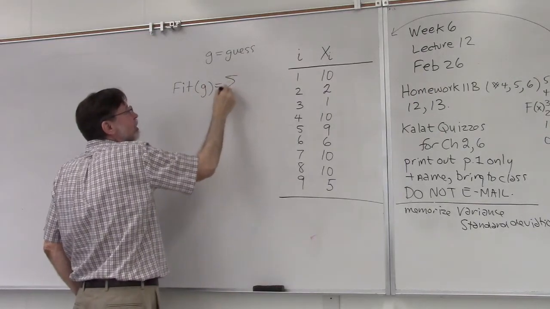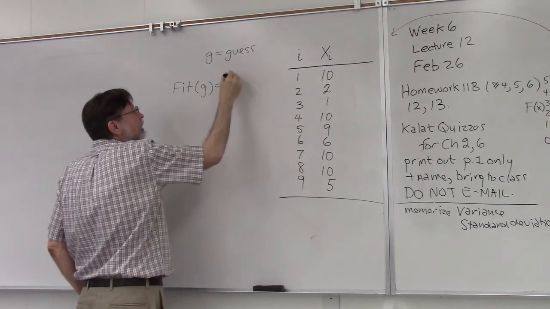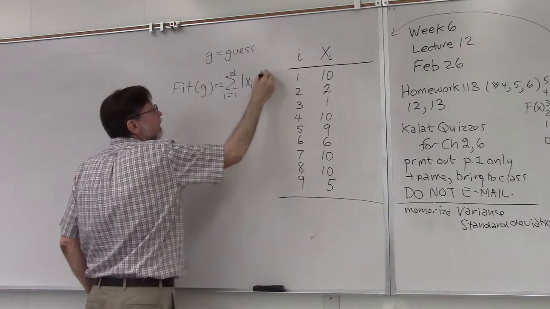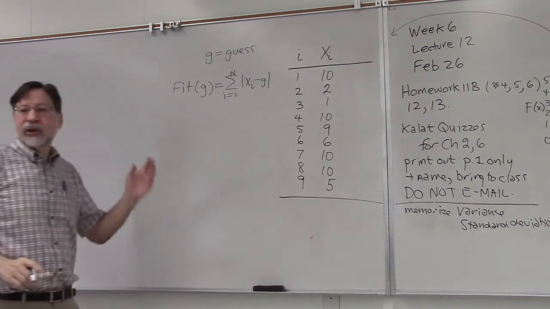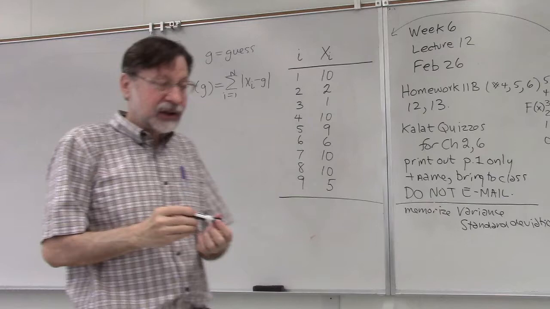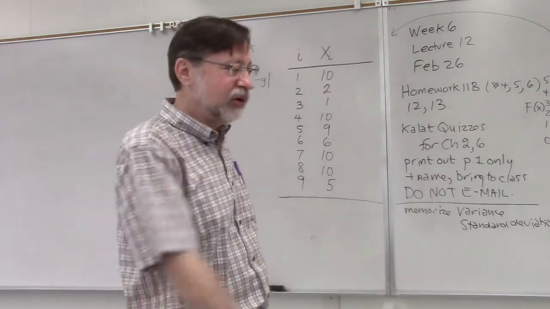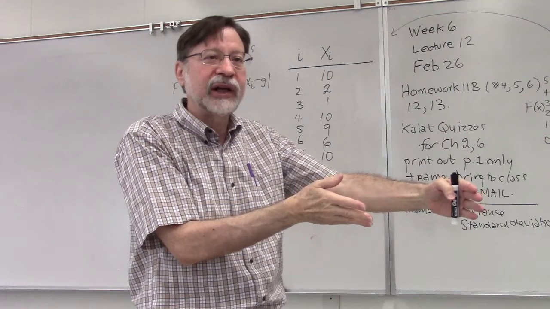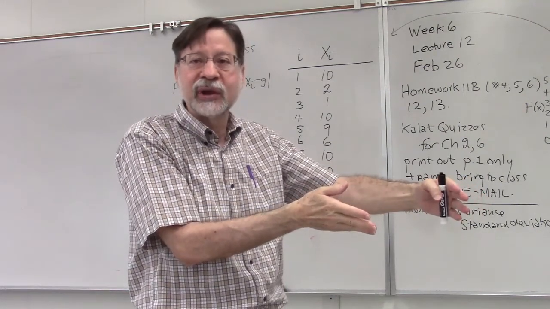It's equal to the sum from i equals 1 to n of the absolute difference between the number and your guess. This is horseshoes. In horseshoes, what do you do? You try to hit the target as close as you can. And you measure how far away the horseshoe landed compared to that target, what you're aiming at.